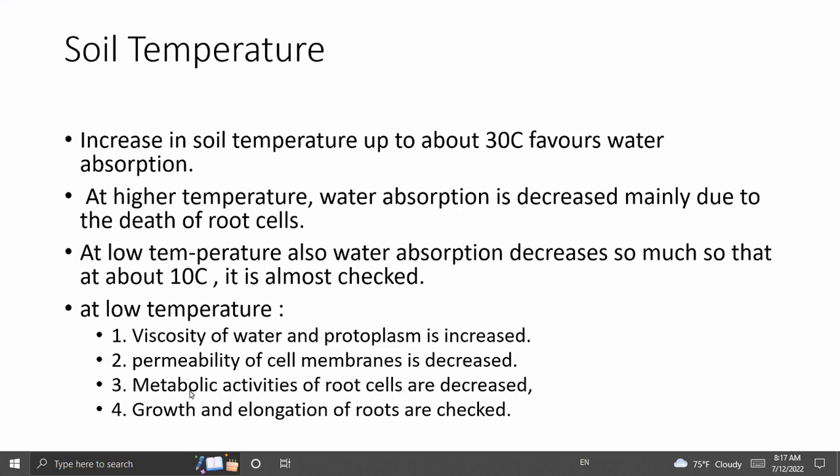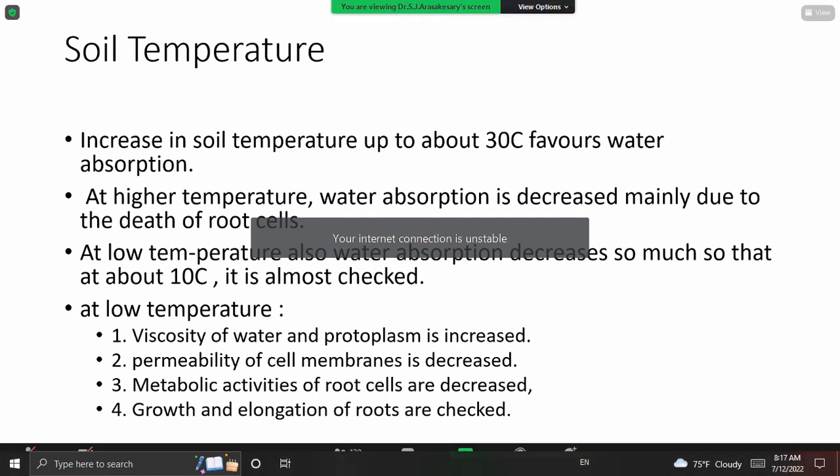Then metabolic activity is also decreased in low temperature. This happens for humans and animals also. If the temperature is low, we are not active because the metabolic activity is decreased. So low temperature decreases the absorption of water. The growth and elongation of the roots are checked. In low temperature, enzymes are not working, the growth is checked, and therefore the elongation of the root hair is checked.